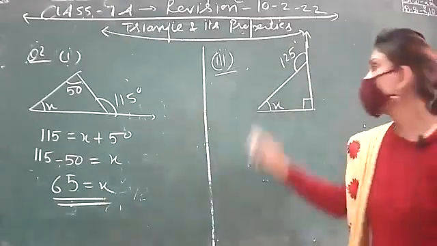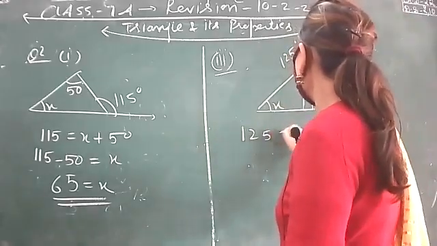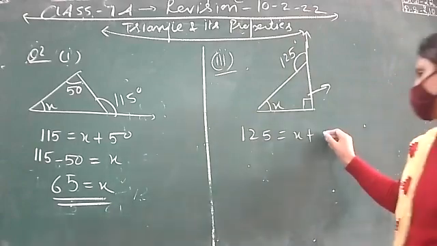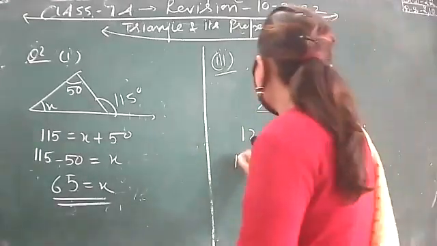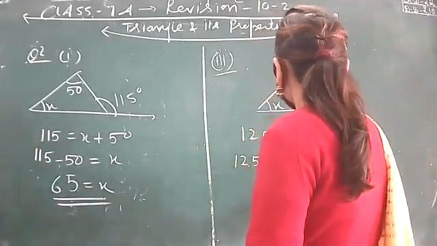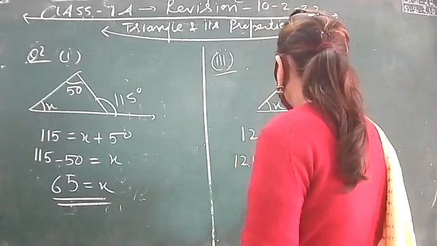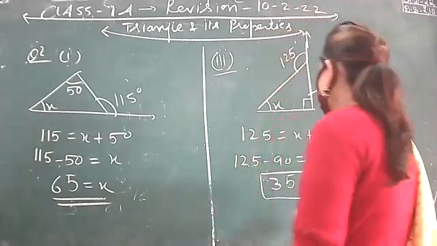So we can write that 125 is equal to X plus, can anyone tell what is this angle? 90 degree. So 125 minus 90 is equal to X. This is 35.